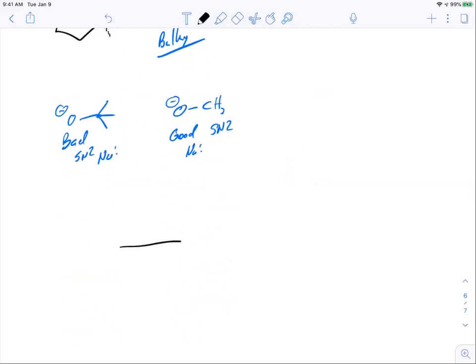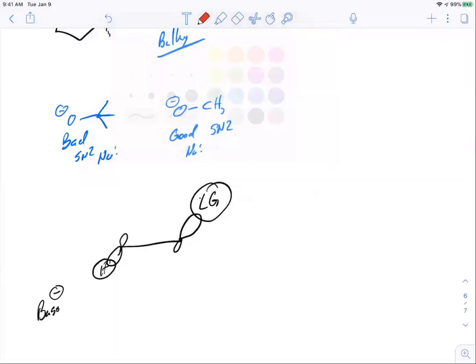So here's my hydrogen, and I've got my leaving group, and I've got my base. What is happening is this is abstracting that proton, right? Proton, not hydride, it's not taking its electrons. These electrons need to go into that anti-bonding orbital.